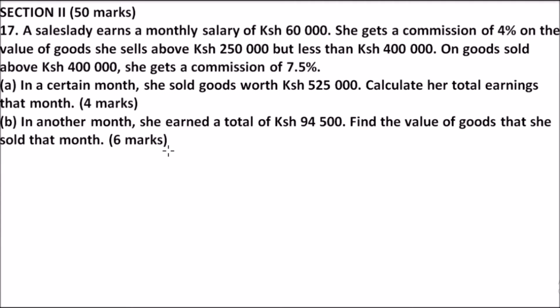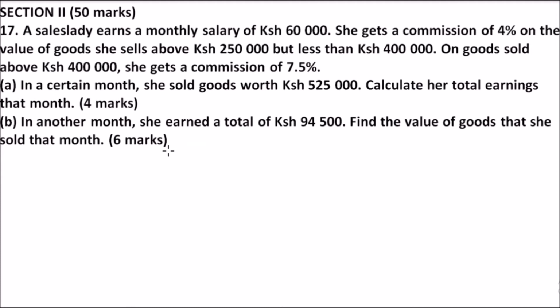Question number 17. We are told that a sales lady earns a monthly salary of 60,000 Kenyan shillings. She gets a commission of 4% on the value of goods she sells above Kenyan shillings 250,000, but less than 400,000 Kenyan shillings.